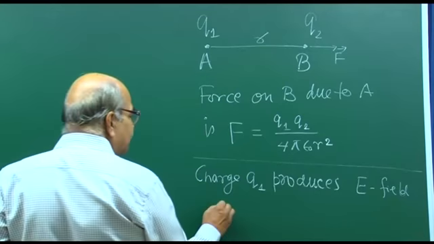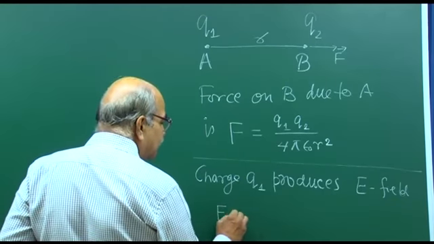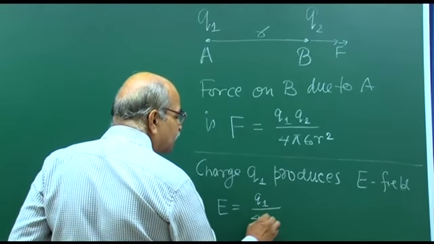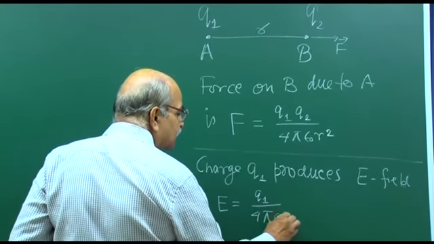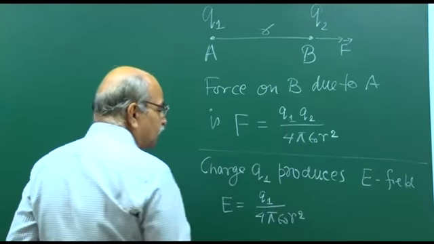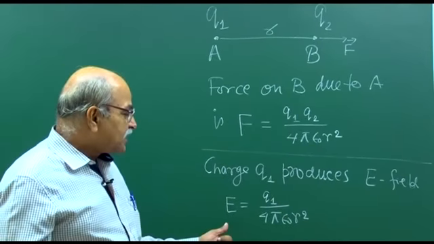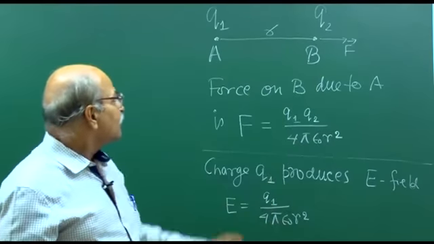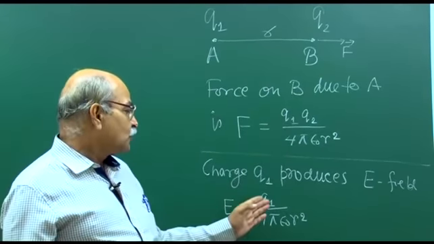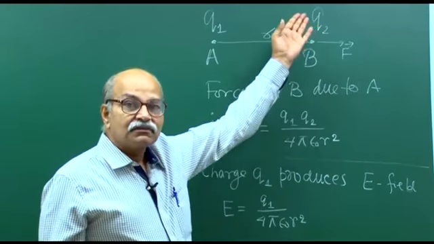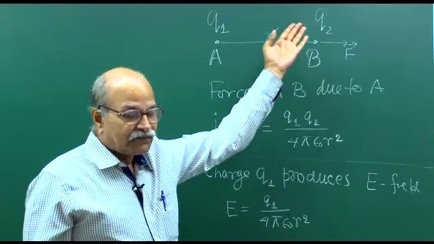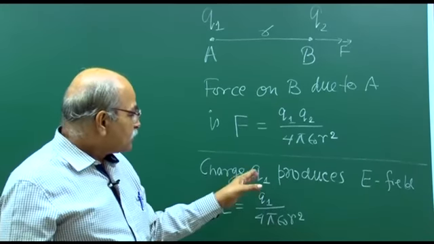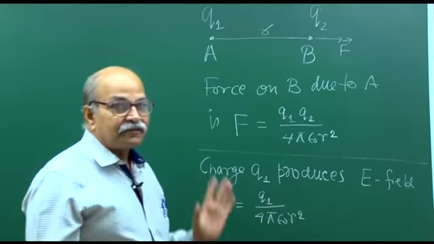The electric field is given by Q1 over 4 pi epsilon naught r square. And in which direction? If this Q1 is positive, it is away from that charge. If Q1 is negative, it is towards that charge. So, that is the rule for a charge producing electric field.